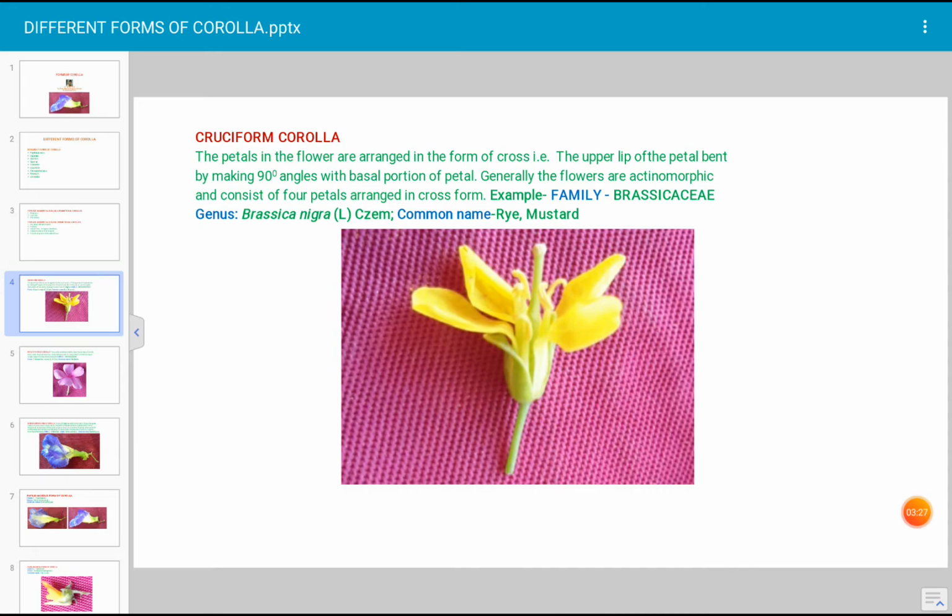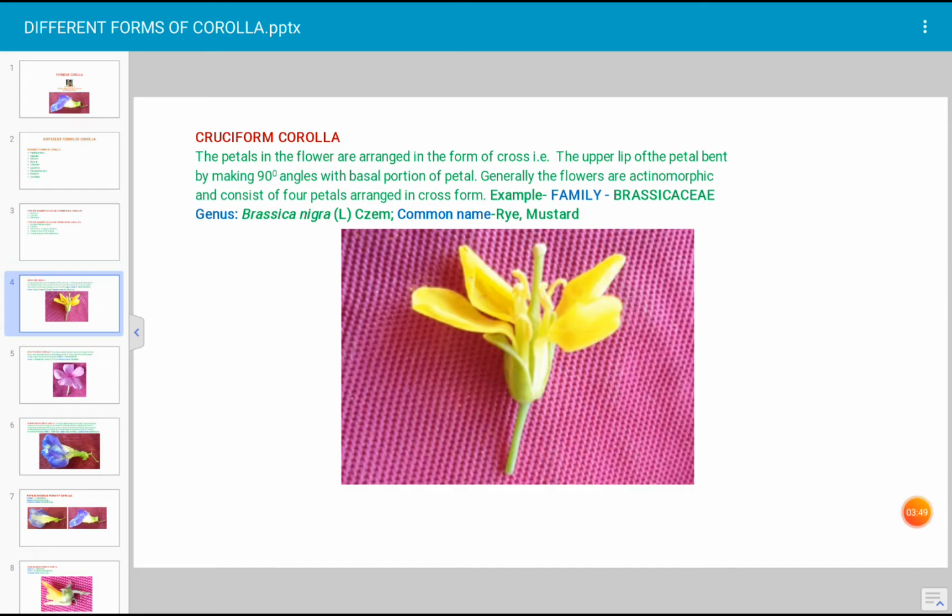An example is mustard, rye. Mustard means rye, and its botanical name is Brassica nigra. Even radish is also a member of the Cruciferae family.